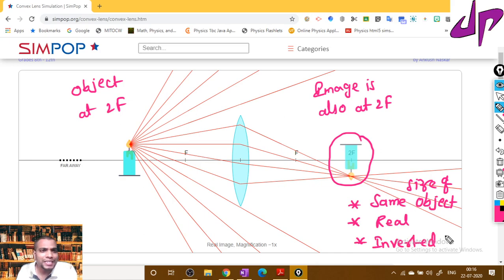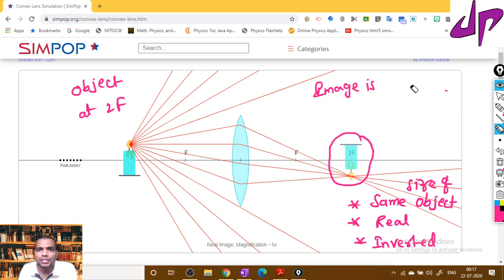So if the object is at 2f, the image also forms at 2f, but on the other side. To avoid confusion, I can write that the image is also at 2f, but on the other side, the same size as the object, and the image is real and inverted.